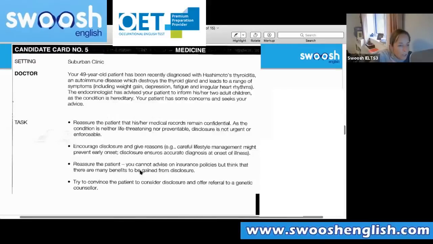Also here it says you cannot advise on insurance policies, and I don't think you mentioned that part. So she asked you about insurance policies. Actually, I was confused about this bullet point, that you cannot advise on insurance. I was a bit confused what to say. I thought so, yes. Then you just read the sentence, right? So she asked you about insurance policies, like life insurance, basically, yes?